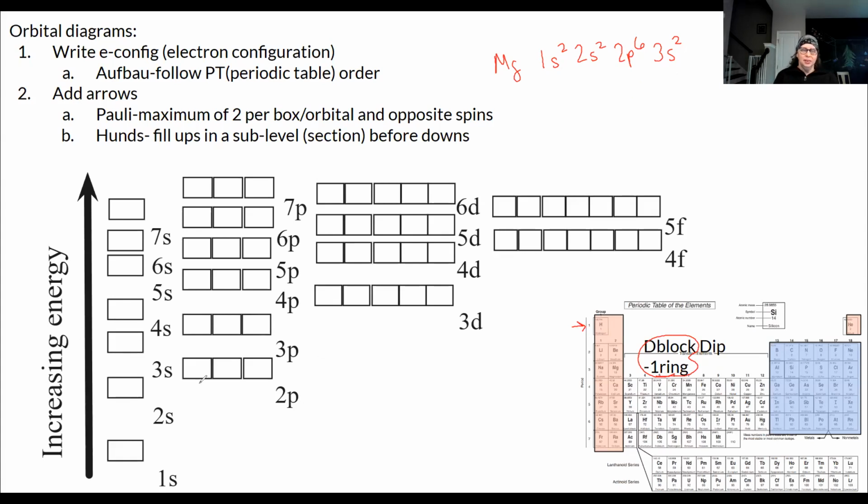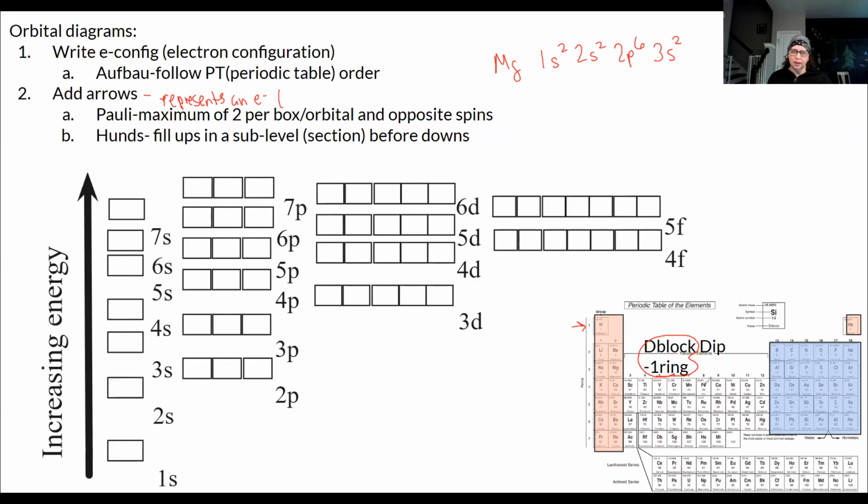All right, so now we get to those other rules, Pauli and Hund's, and that is how we're going to represent these electrons. Each arrow that I'm going to put represents an electron, and each orbital is a box.